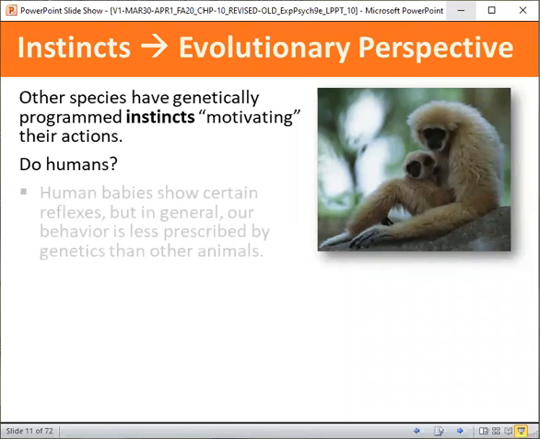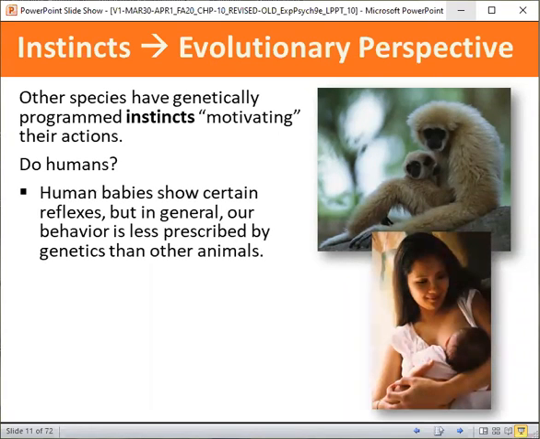Okay. And so do humans? Well, human babies show certain reflexes, but in general, our behavior is less prescribed by genetics than other animals, meaning that other animals are more likely to stay true to their instincts, the things which motivate their actions and their behaviors. For us, a little bit less so.